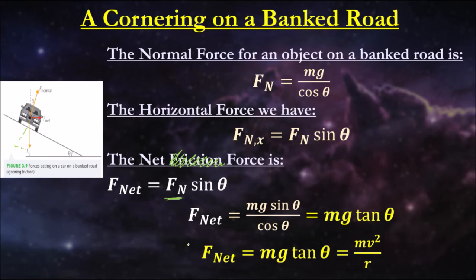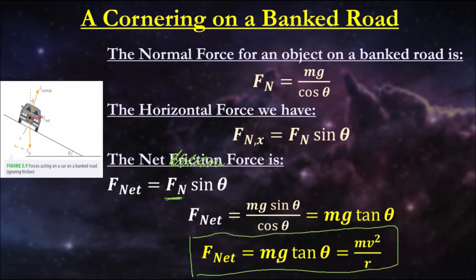Knowing that the centripetal force is mv squared over r, we can also equate these together. So this is using the component of the gravitational weight force, tan theta, and this will be the centripetal force experienced by an object going through a banked road. This is the formula to describe it.